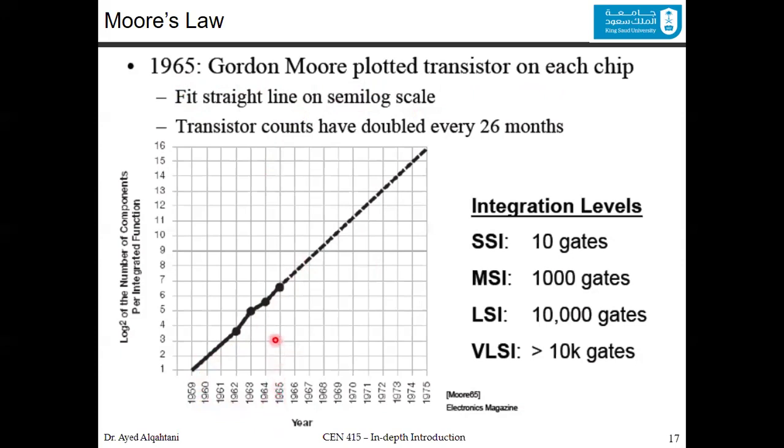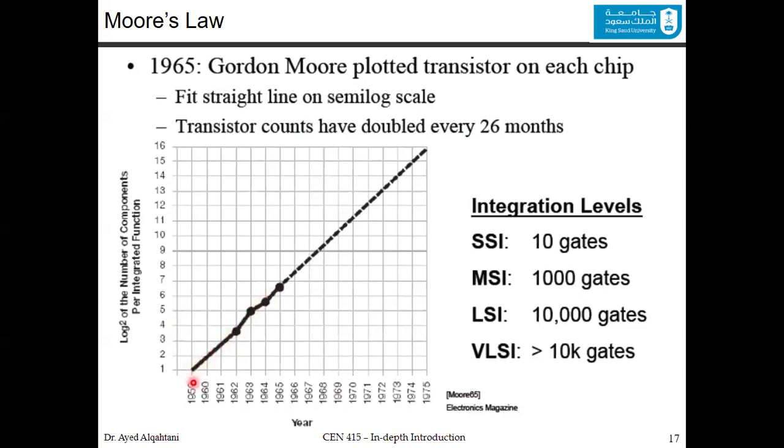So you can see here in 1965, and the years before this, we have a solid line, so it basically was linear. He was plotting the years against the number of transistors. This is a log 2 graph, but that's not the subject here. But you can see that the relation here is linear.